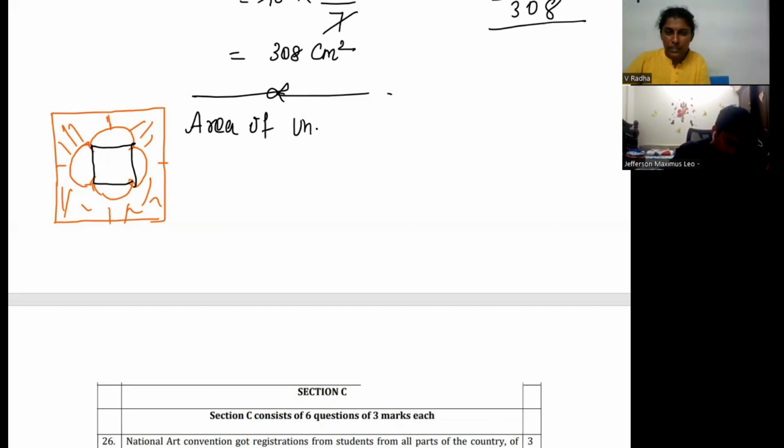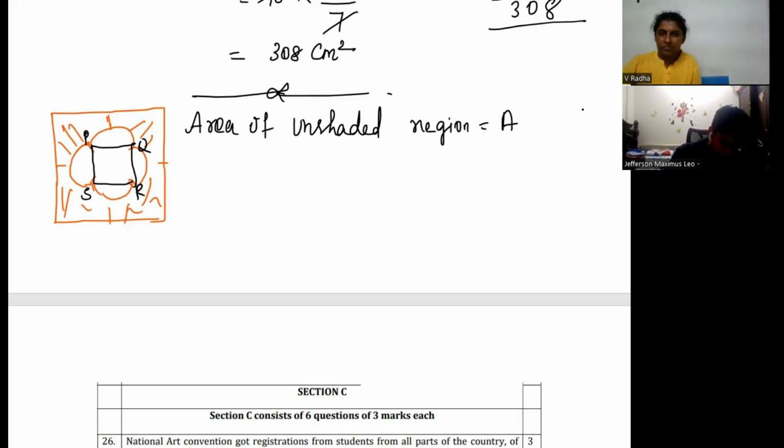Area of the unshaded region is equal to... Let us name the inside square PQRS.